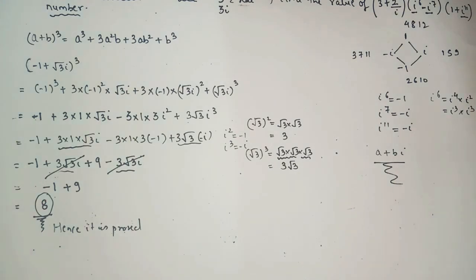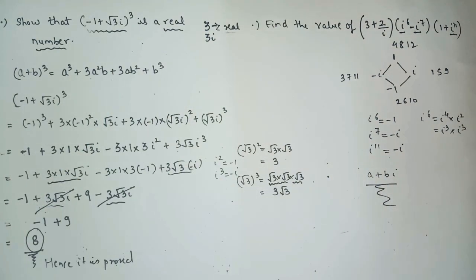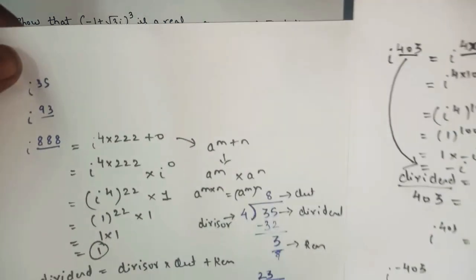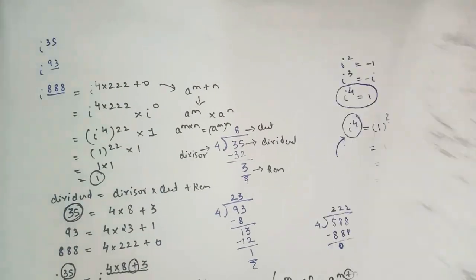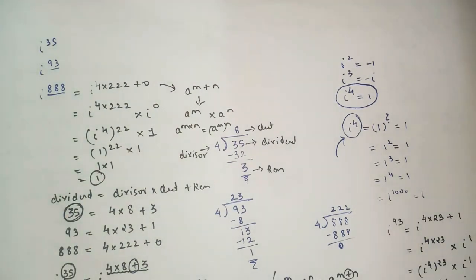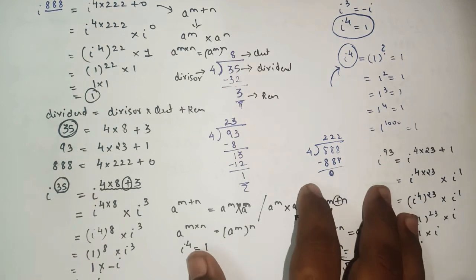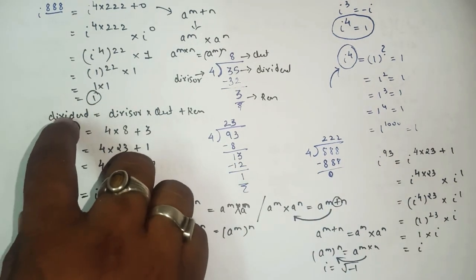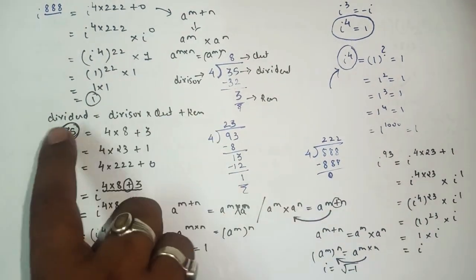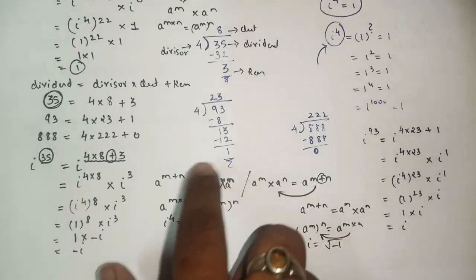Show that minus 1 plus root 3 i, the whole cube, is a real number. The final answer should be without i. I told you to solve this sum by yourself, and we saw how to find the i power whenever it is in 100,000 using a different method: just the basic formula, dividend equals divisor into quotient plus remainder, breaking the number, and using the indices property.